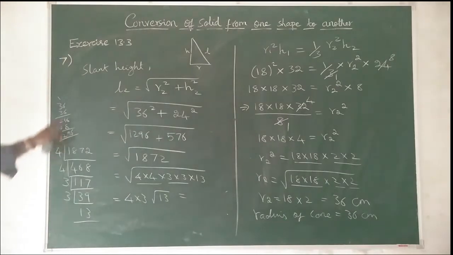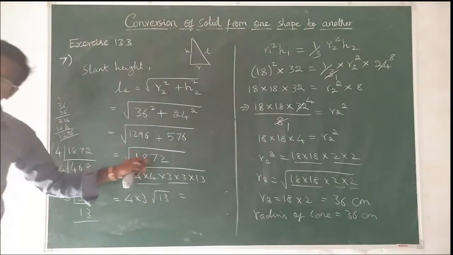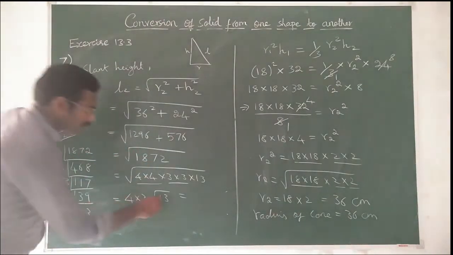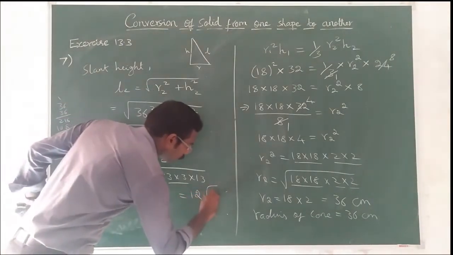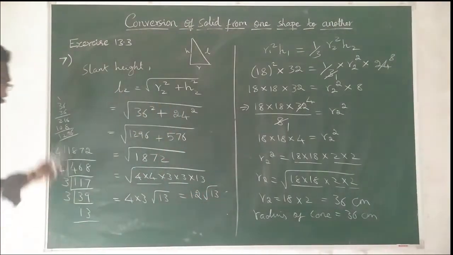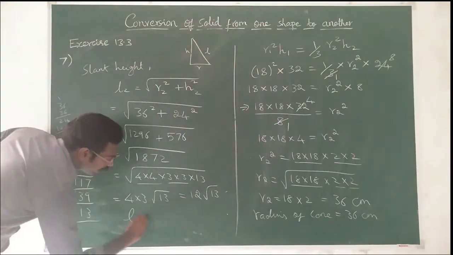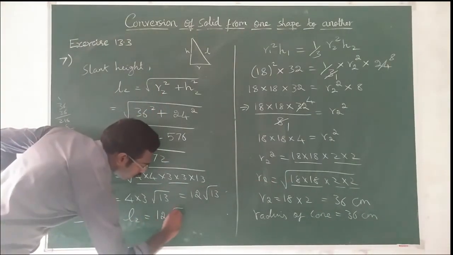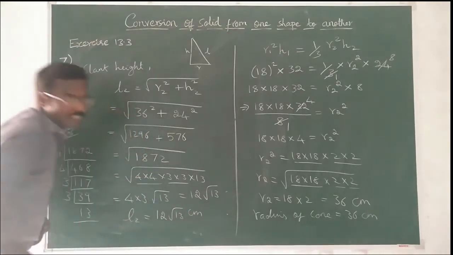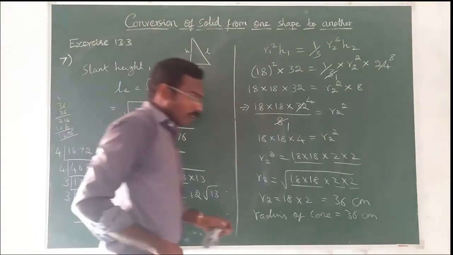You can easily calculate the square root like this. 4 3s are 12, so 12 root 13. That's the answer. What's the unit? The unit is centimeter. So slant height L2 is equal to 12 root 13 centimeter. That's all.